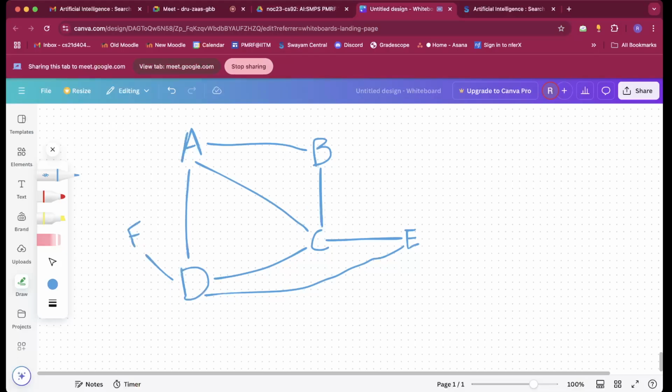So this is the graph of the different regions depending on the edges.